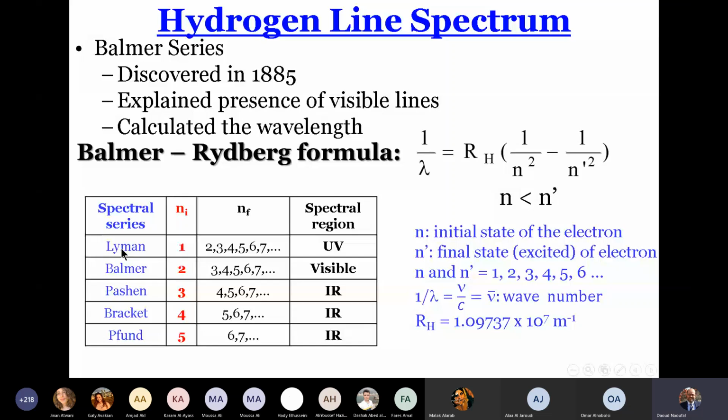Lyman supposed that the electron is found at n equal 1, and he calculated lambda if the electron passes from level 1 to level 2, or from 1 to 3, from 1 to 4, from 1 to 5, from 1 to 6.